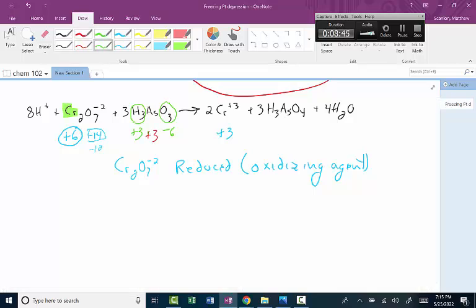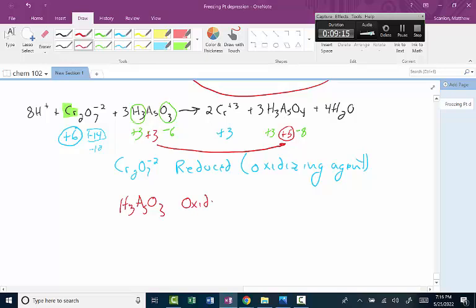And on this side, I have -8 for the oxygen, and I've got again +3 total for the hydrogen, and so the arsenic must be +5 because it has to add up to 0. Okay, so there we go. I found the other one. H3AsO3 goes from +3 to +5, so it lost electrons and it was oxidized, which makes it the reducing agent. There you have it.